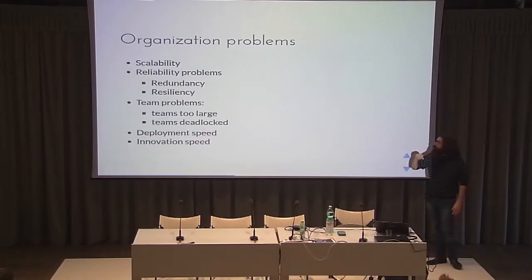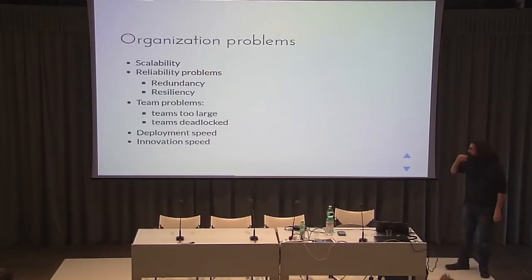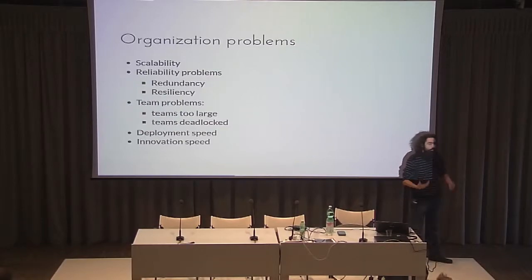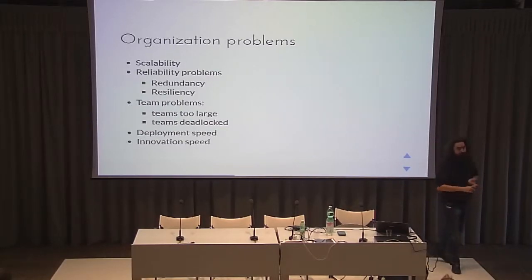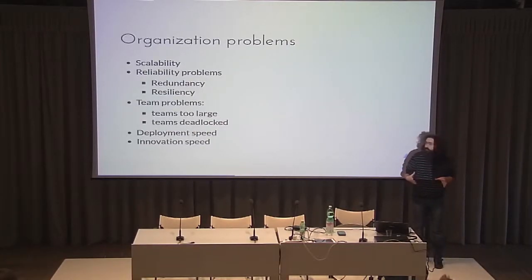And another organizational problem that I'm going to solve is not code-related, but it's about the team. If I have teams that are too large, that are deadlocking each other because they are waiting for each other to finish some part of my software, with a monolithic application it is probably a little bit more difficult to deal with these problems.